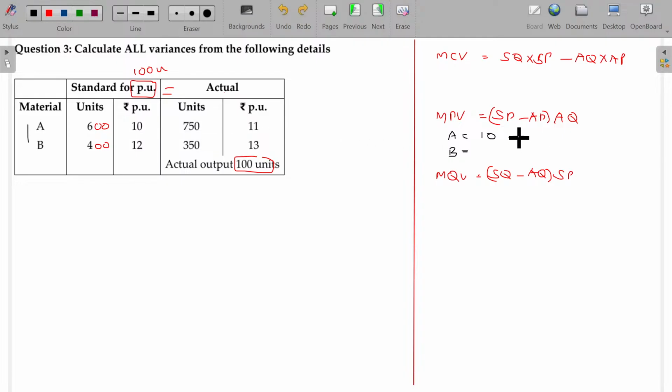For A, standard price being 10, actual price being 11. Actual quantity in this case being 750 units. So you pay rupee 1 excess for 750 units, then it is adverse.